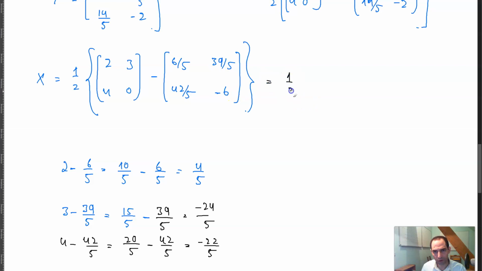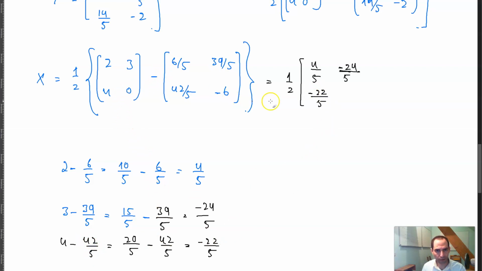So that's 1/2 times basically this matrix: 2 minus 6 fifths is equal to 4 fifths. 3 minus 39 fifths is equal to negative 24 fifths. And 4 minus 42 fifths is equal to negative 22 fifths.